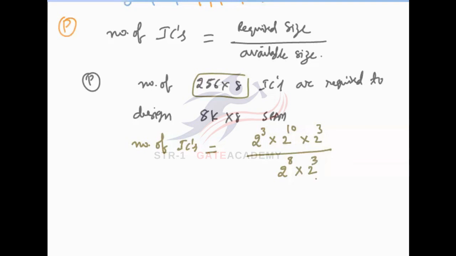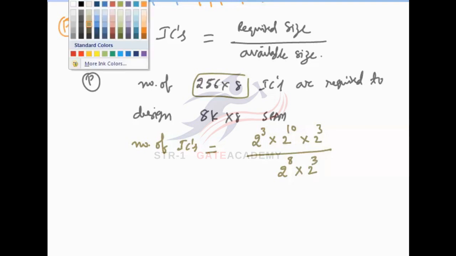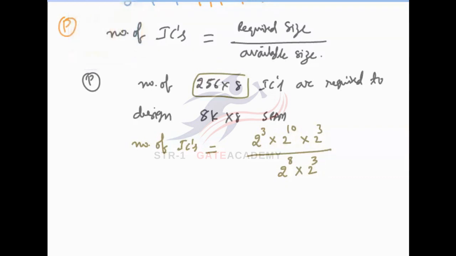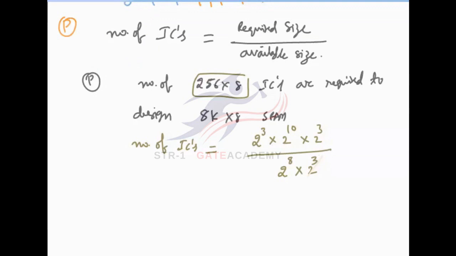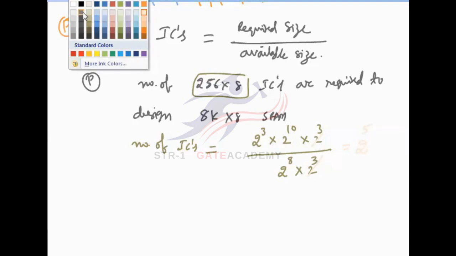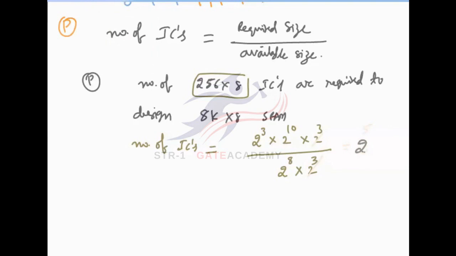Now, okay, now so cancel that one. According to the given combination, this one is cancelled. Later, here 2 power 8 and here 2 power 13 is there. Then the result is 2 power 5. Okay, result is now 2 power 5. If it is 2 power 5, what is the data? 32. So, how many ICs are required? 32 ICs are required.